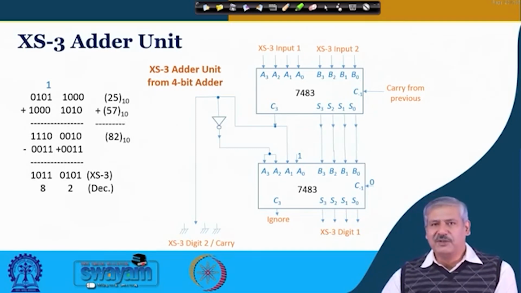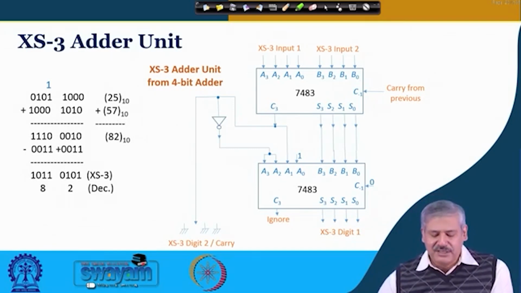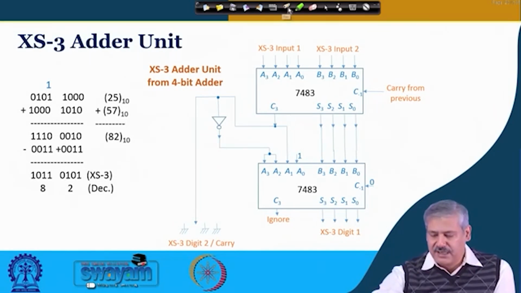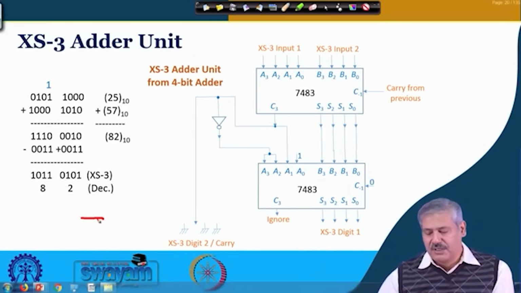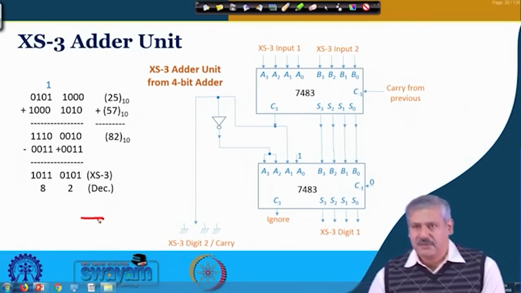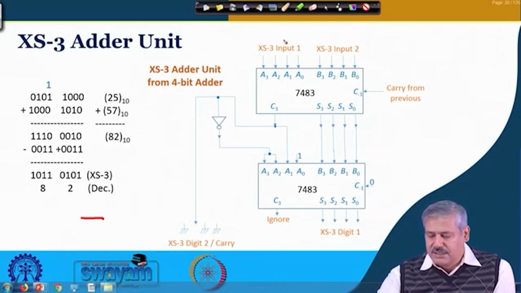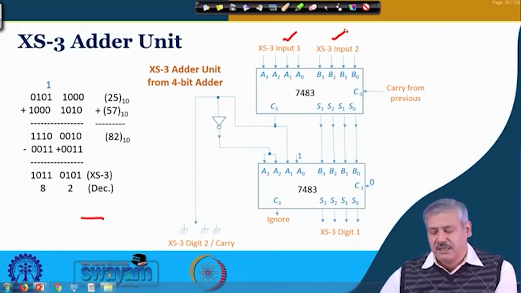So, the excess3 adder unit. The example that I just discussed is over here on the left hand side. So, what we do, this is the basic adder 7483, and these are the 2 inputs, right. If carry is generated, this is another adder.